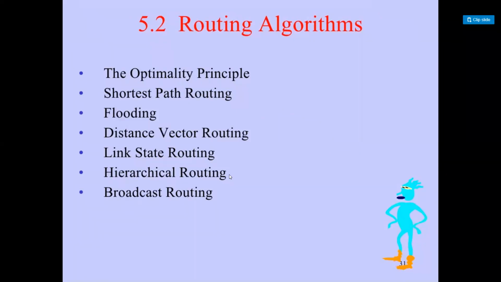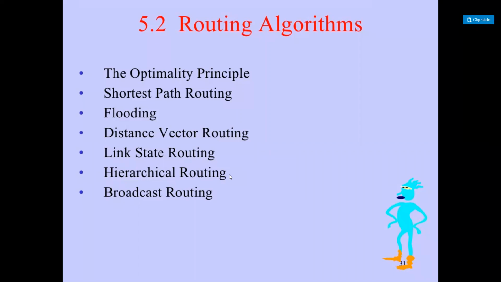Now, coming to the routing algorithms, we have seen two types: adaptive, that means dynamic routing algorithm, and non-adaptive, that is static routing algorithm. Here are the different types of algorithms. The first one is the principle, called the optimality principle. I hope you all have seen this in data structures.